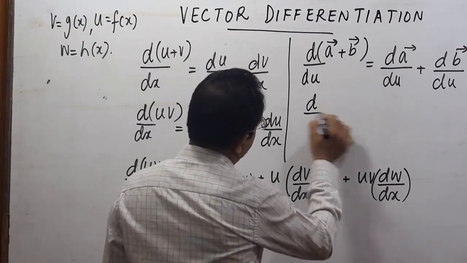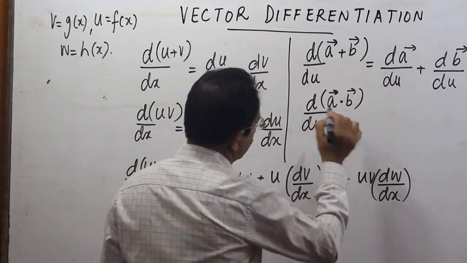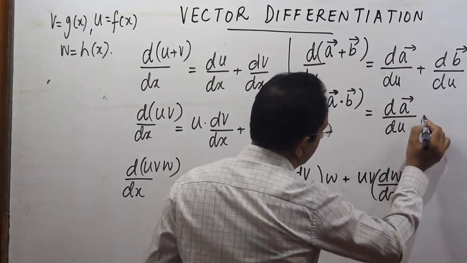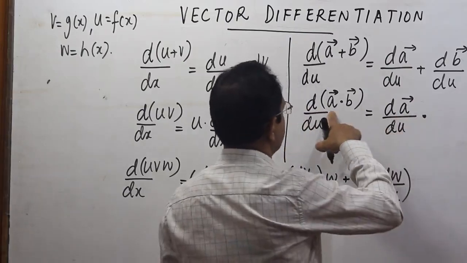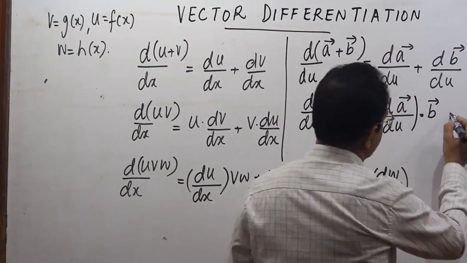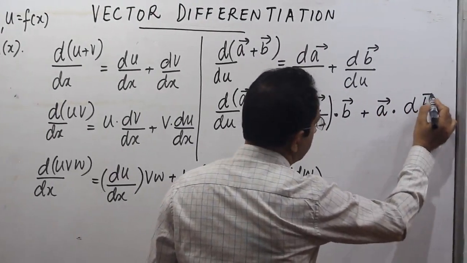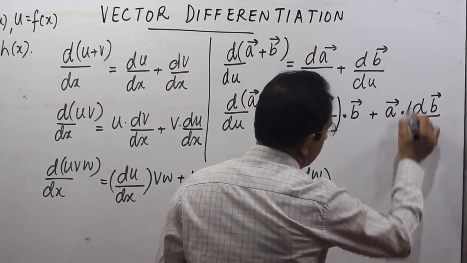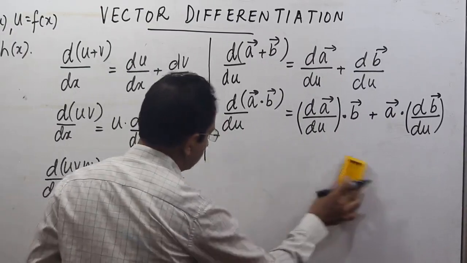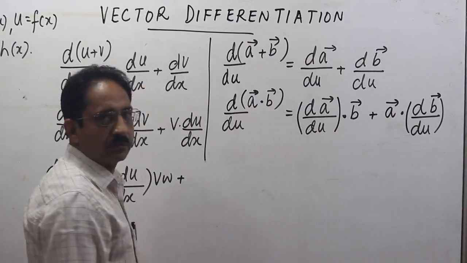Similarly, if I have derivative with respect to u of a dot b, so this would be derivative of a with respect to u dot b, plus a dot derivative of b with respect to u. You have to be sure कि अगर एक डॉट प्रोडक्ट है, डॉट प्रोडक्ट इज कम्यूटेटिव, आप ऑर्डर ऑफ एडिशन चेंज कर सकते हो, बट इन केस ऑफ क्रॉस प्रोडक्ट यू हैव टू बी केयरफुल.